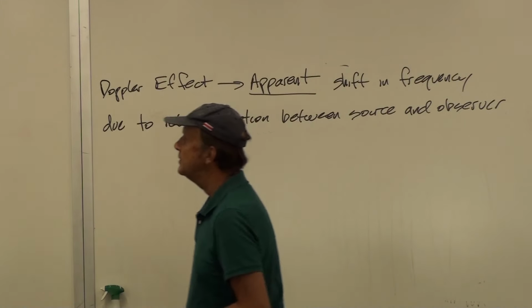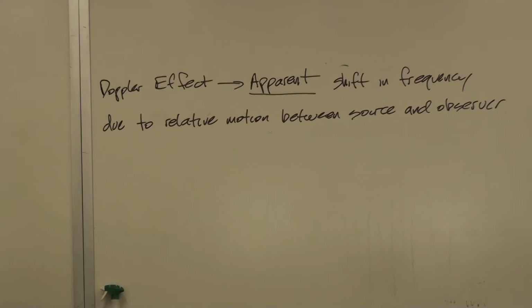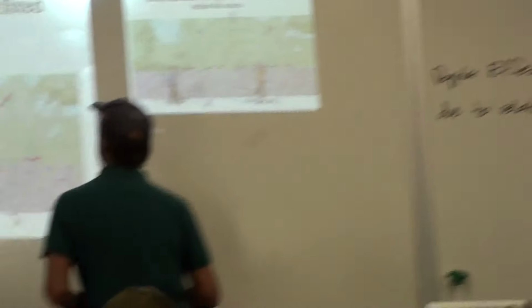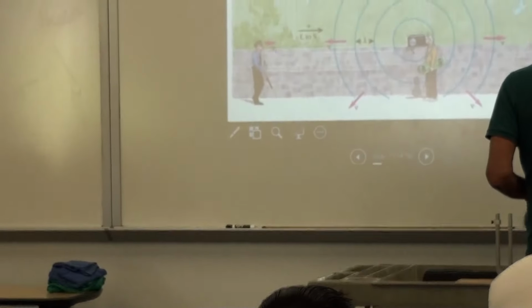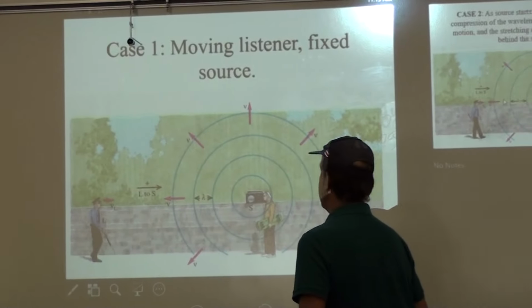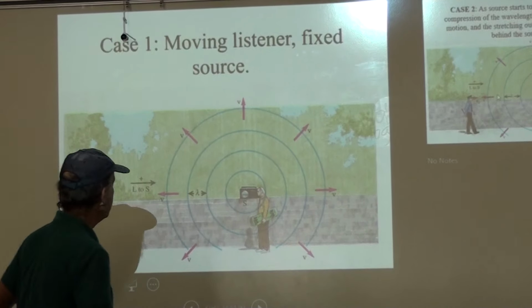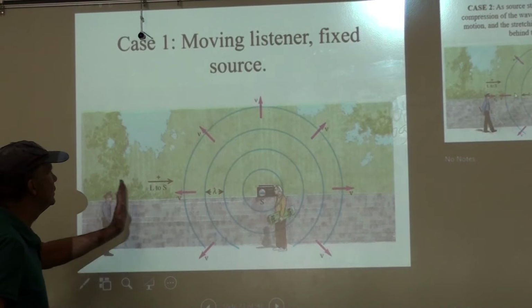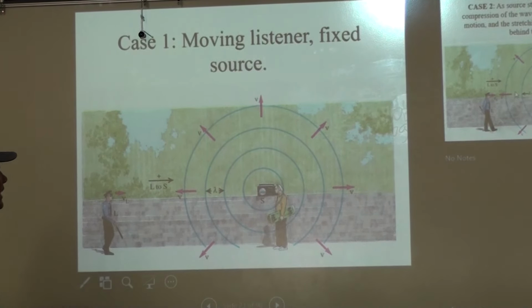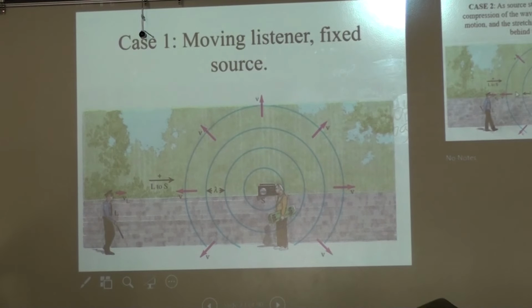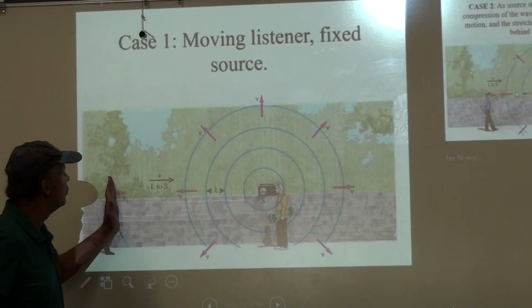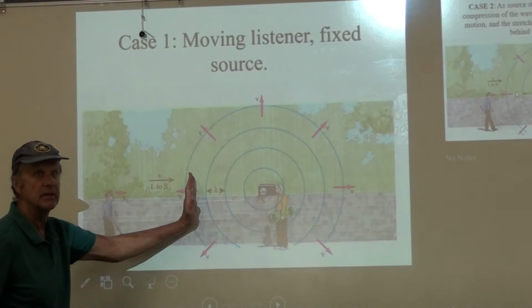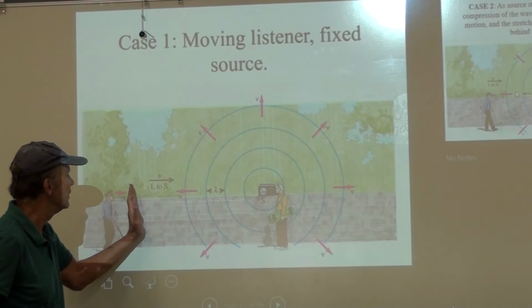And so let's look at two different ways we can get a Doppler effect. Case one is moving listener or observer, fixed source. Okay? And so what's going to happen then as the policeman moves toward this guy, is that we have to add together the velocity of the wave with the velocity of the observer here, the listener.